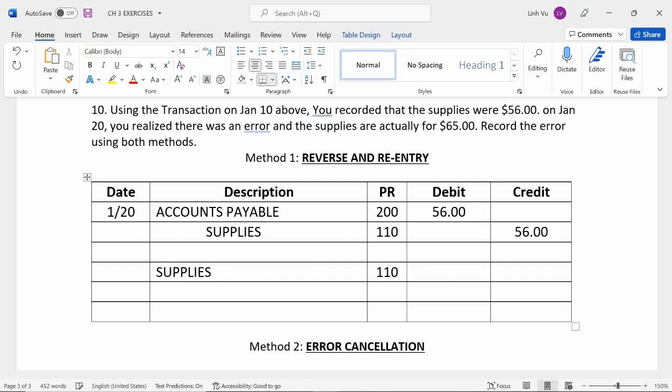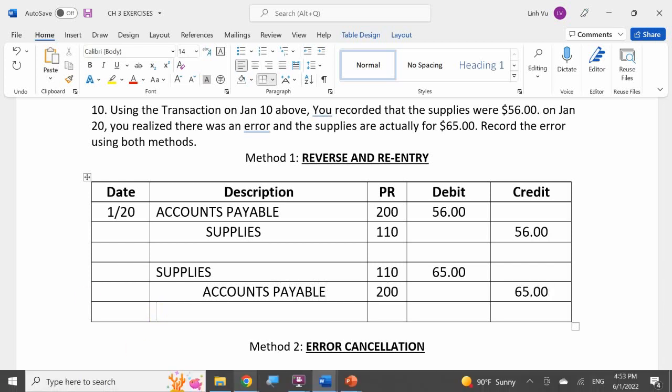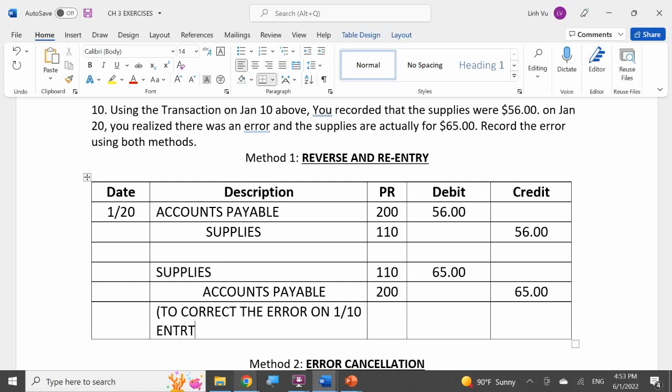And then we say $65. We enter it for the correct amount of $65. And this is where you can go ahead and type in: to correct the error on January 10 entry.